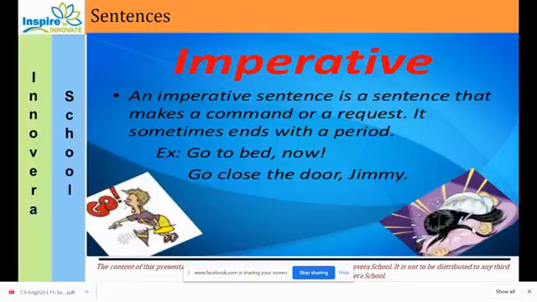Do not touch the switch. It means again I am giving an instruction. So such sentences come under imperative sentences. Clear? So we use imperative when you need to give a request, order, demand or advice.